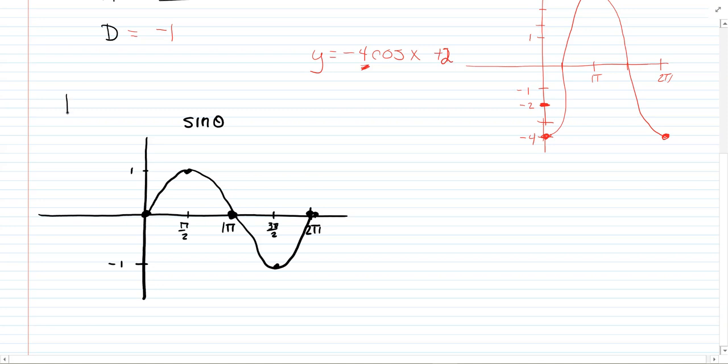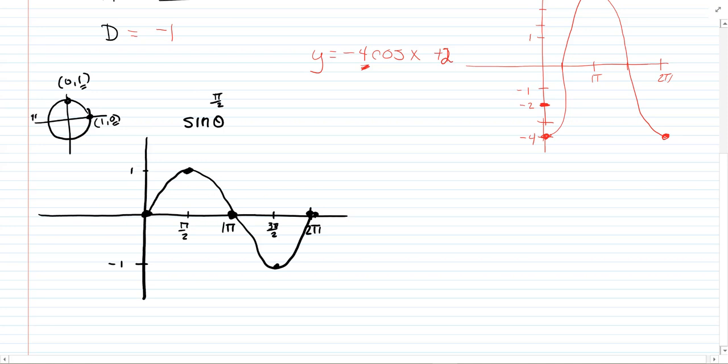So these are like on the unit circle. So at 0, that's the point 1, 0, the y value 0, that's the sine value. At pi over 2, this is 0, 1, the y value is 1, so sine of pi over 2 goes up to 1.